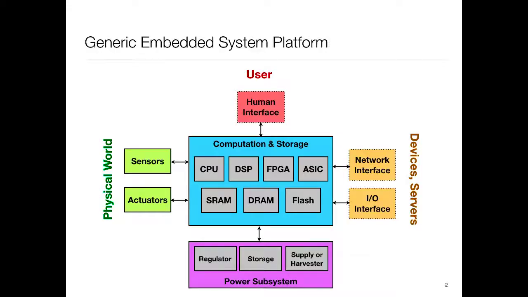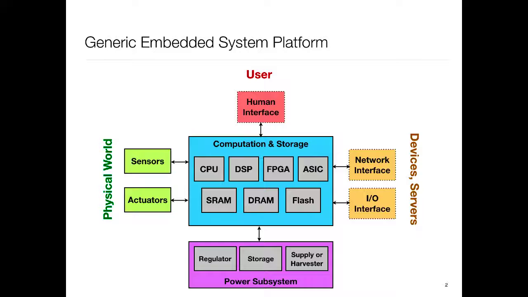So if we look at a generic standalone device in these systems, as we discussed last time, they interact with the physical world. So sensors and actuators are obviously part of it, but that interaction has to be managed somehow.